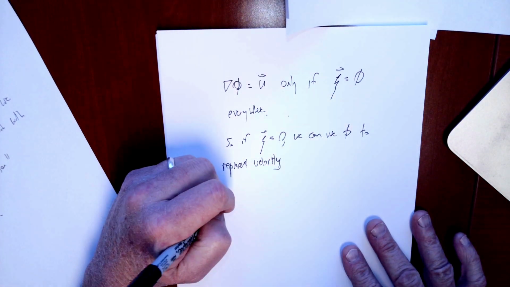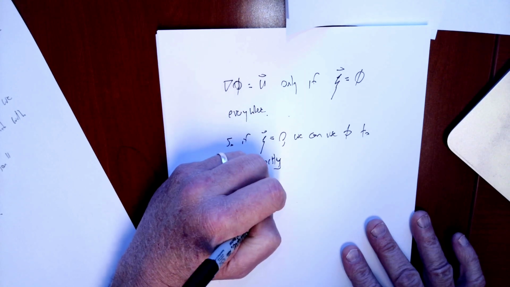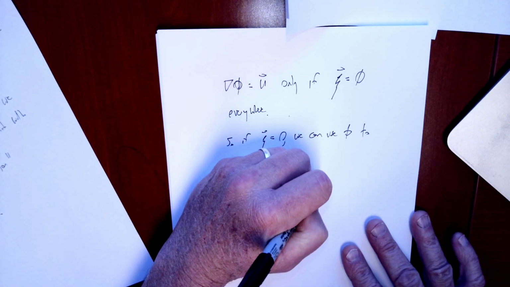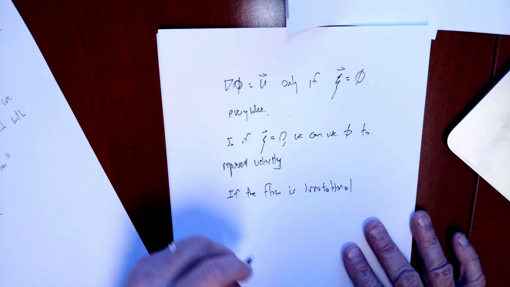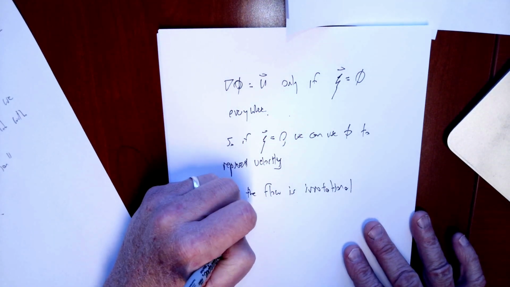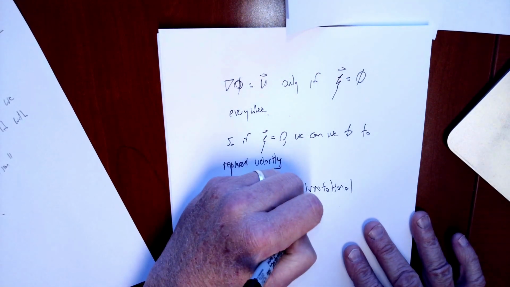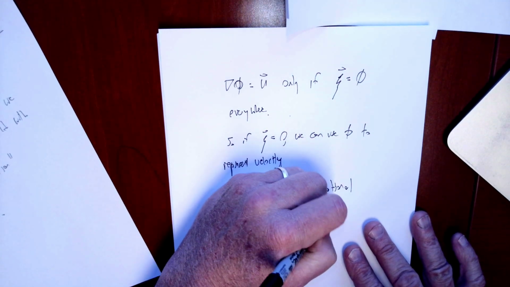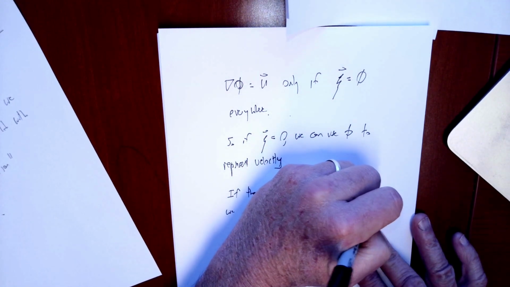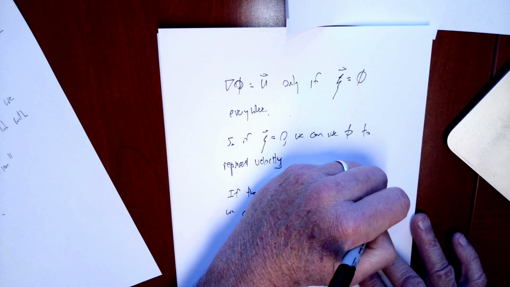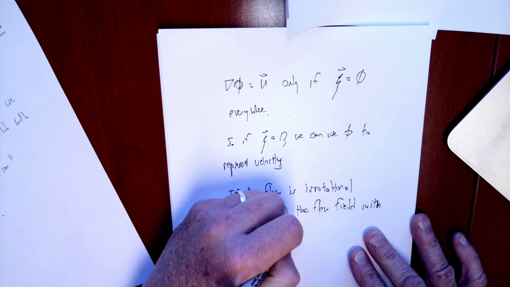The final way to say this is, if the flow is irrotational, that means no vorticity, we can represent the flow field with a potential function.